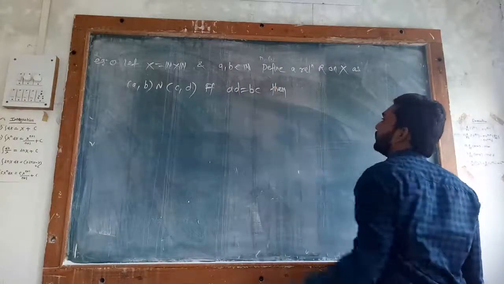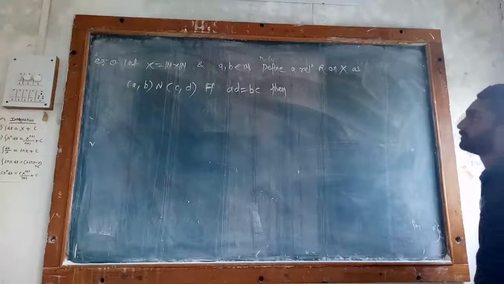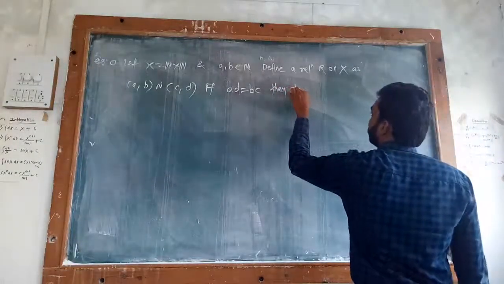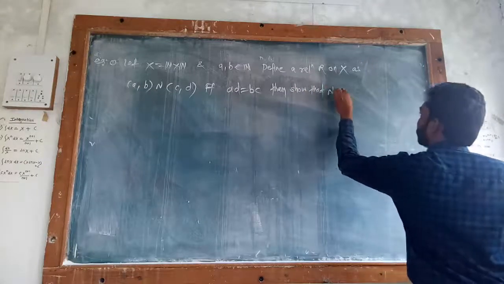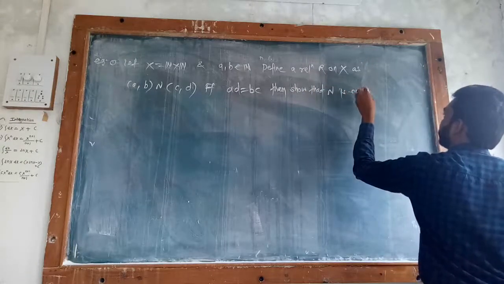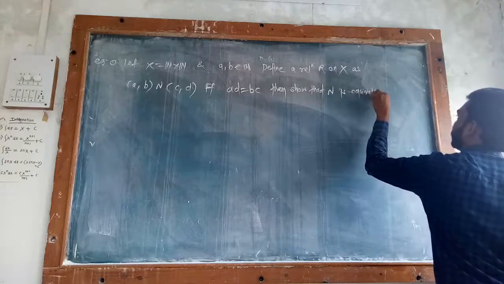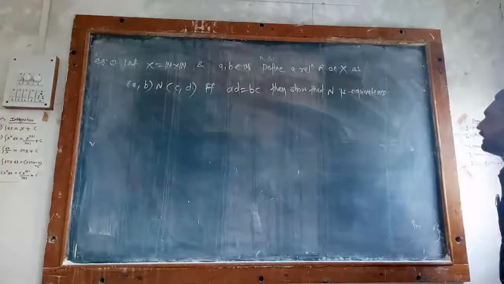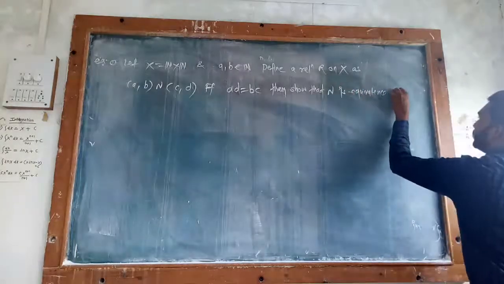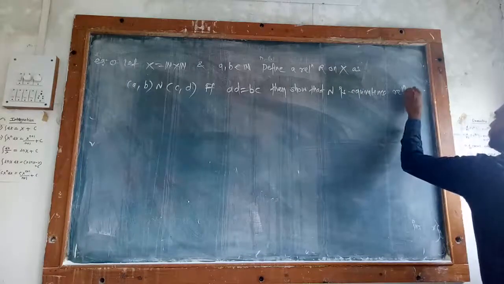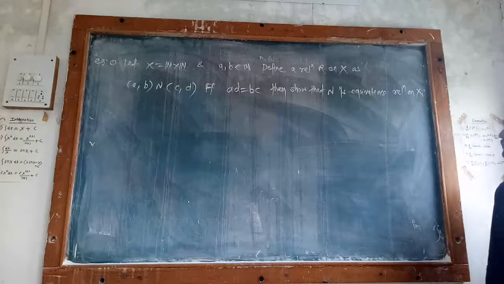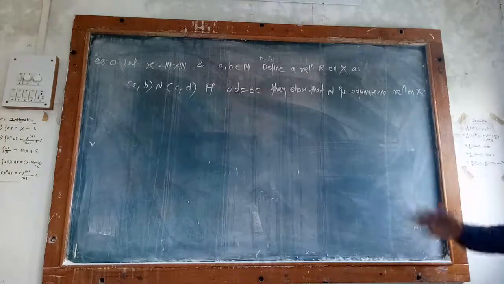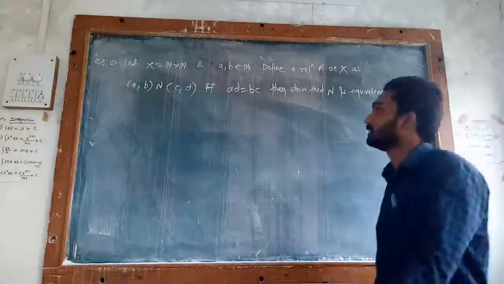Then you have to show that this equivalence is an equivalence relation on your set of natural number cross natural number, that is your set X.